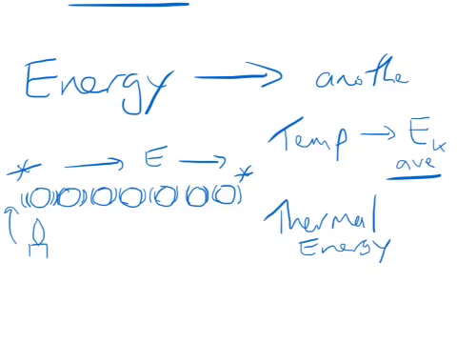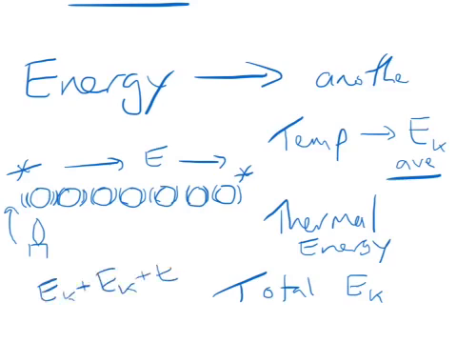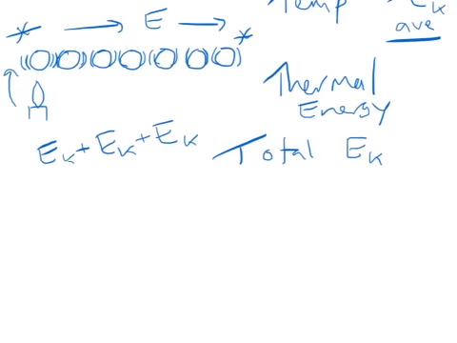However, thermal energy is what we deal with when we talk about the total kinetic energy. So you add up the kinetic energy for each particle until you get a total. In this sense, the total kinetic energy will be greater for a larger quantity.